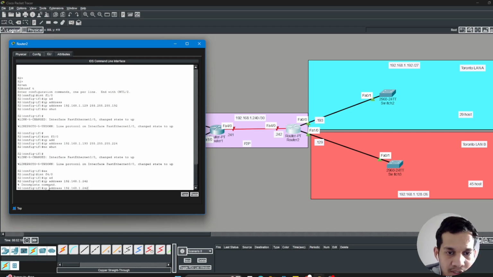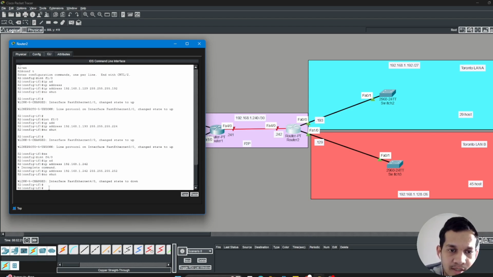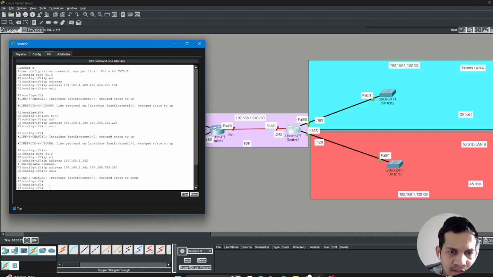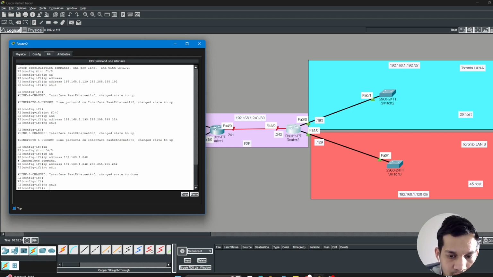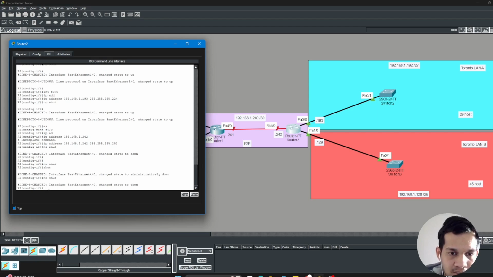Sorry, I forgot the subnet mask, that will be /30, 255.255.255.252, and then no shutdown. The interface was administratively down, so I'll do no shut. So we have configured.